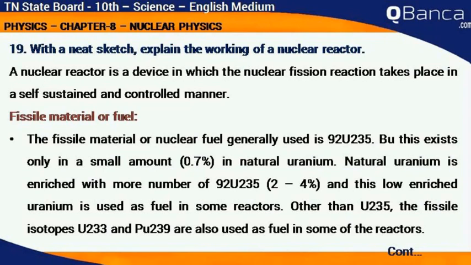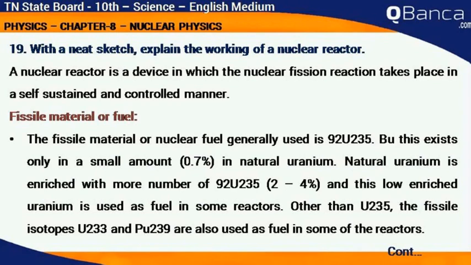Fissile material or fuel. The fissile material or nuclear fuel generally used is 92U-235, but this exists only in a small amount, that is 0.7% in natural uranium.